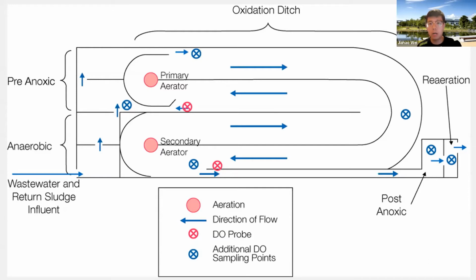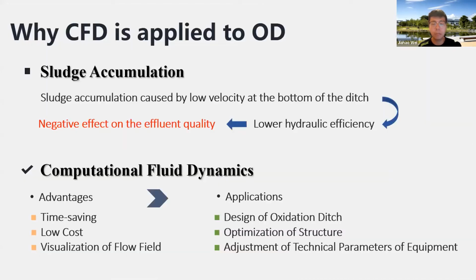Some impellers are around the bends to push the water flow, and one or more horizontal aerators guarantee oxygen supply. In practice, an oxidation ditch is prone to sludge accumulation, partly due to the low velocity at the bottom. Lower hydraulic efficiency will cause poorer quality effluent. And since the water flow is driven by the impellers, the size of the impellers is crucial to the whole system.